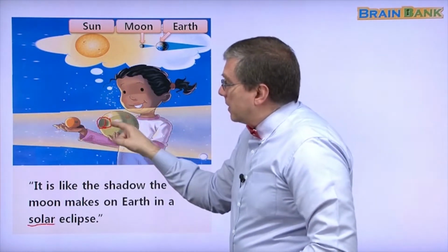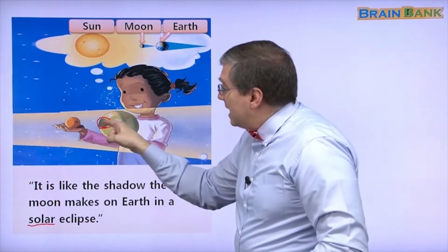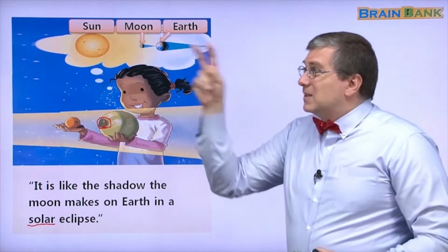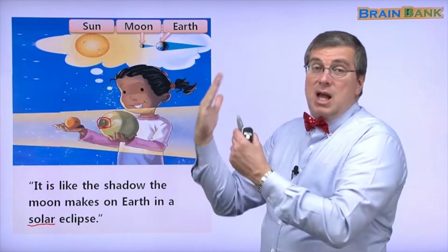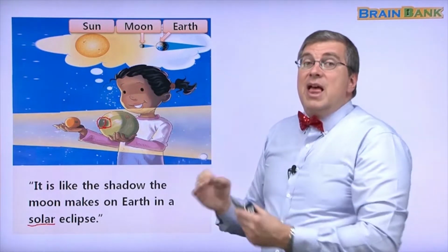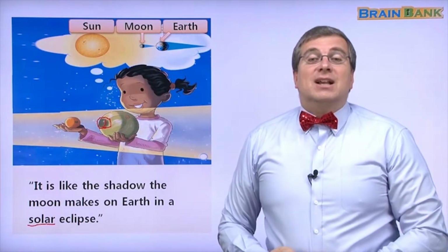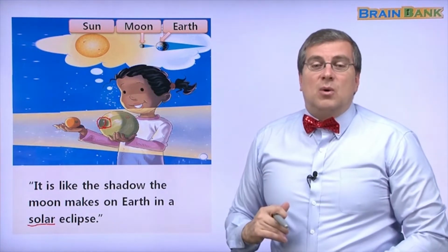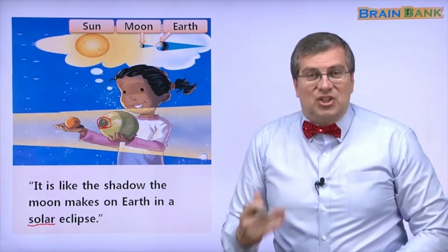This is the Earth. If we live here, we can't see the sun. It's blocked. There's a shadow. That is the eclipse. That is what we call 일식.